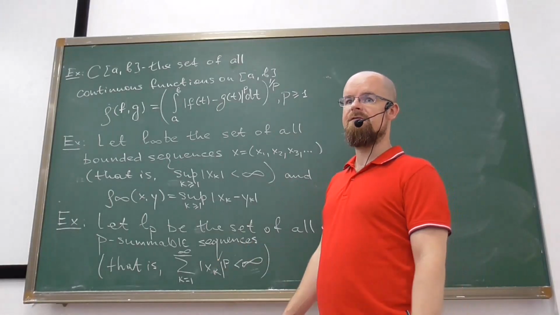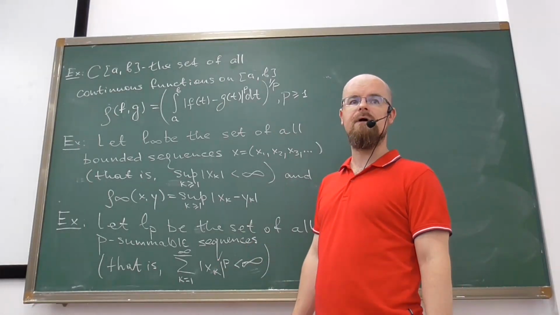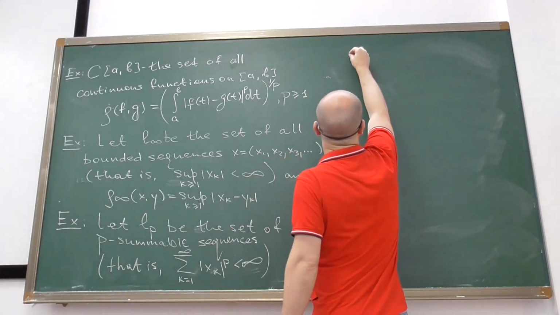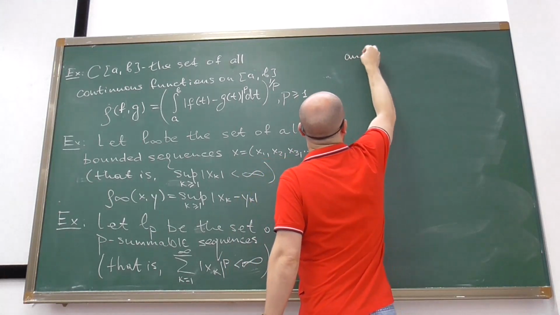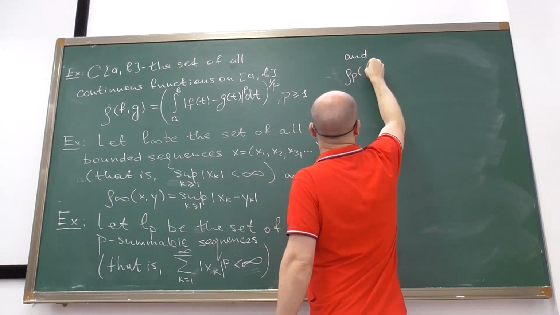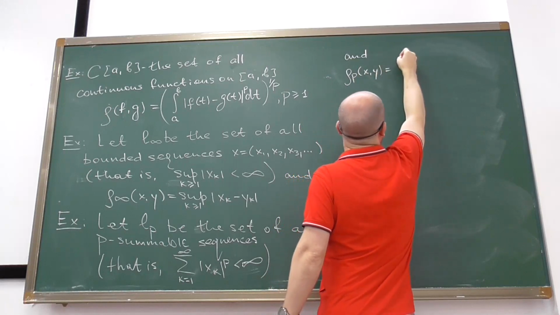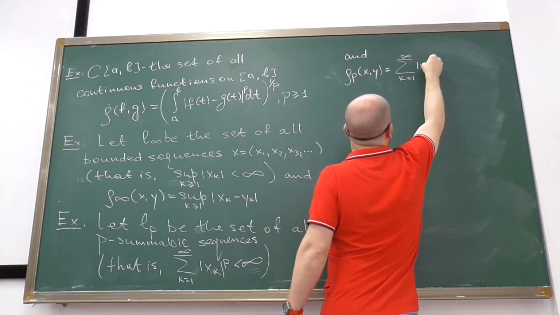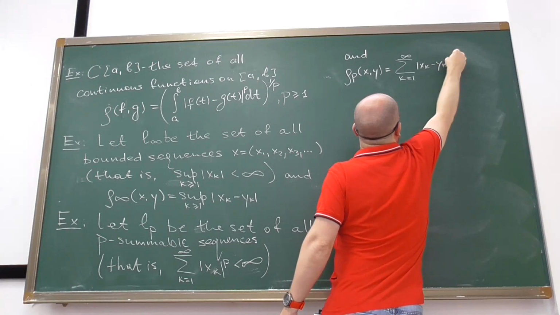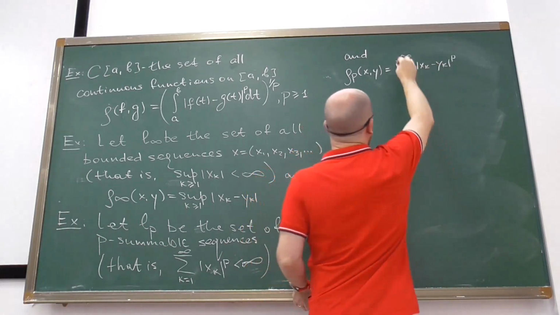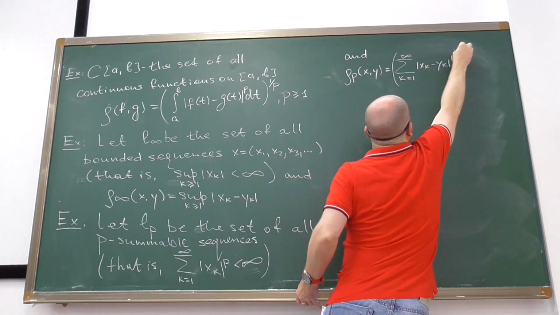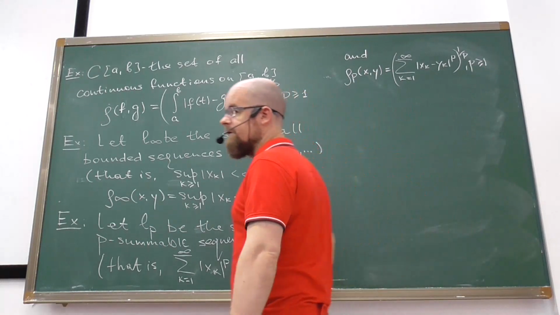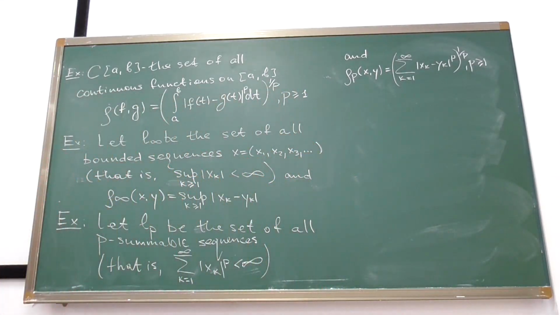And as you might guess, the metric which we introduce on this set will be the p metric. And as usual, p is greater than or equal to 1.